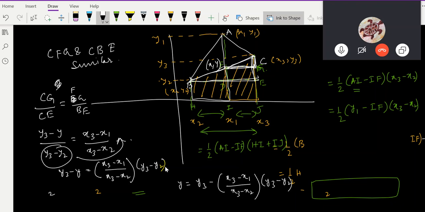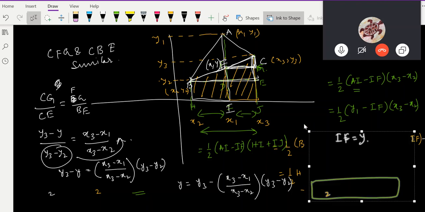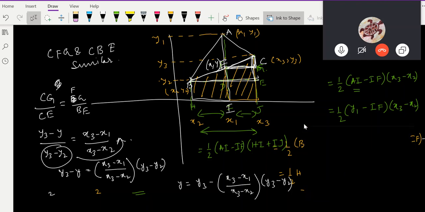Correct? So now I found the value of Y. So Y is nothing but IF. This is F, this is I. So IF is equal to Y.